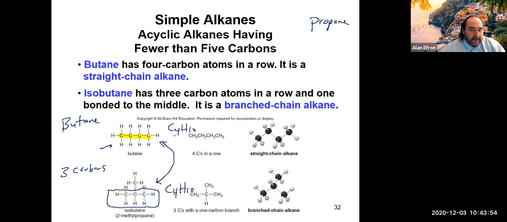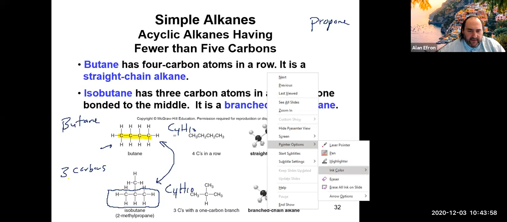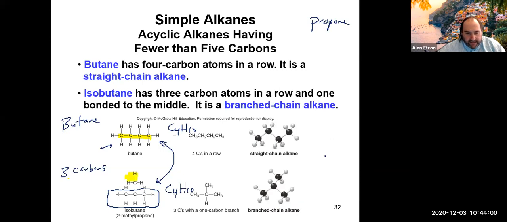So the base of that second one would be called propane because it has 3 carbons in a row. Now, we also have something else that's attached that is not part of the main group. We have this CH3 group that's there. That is not part of the main chain. So this is our main chain here, our 3 carbons in a row.